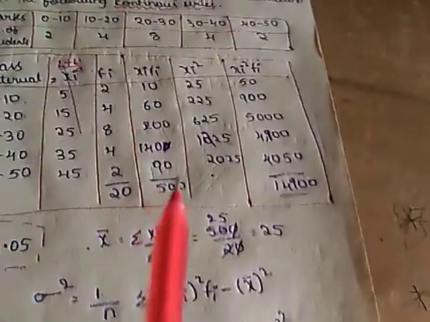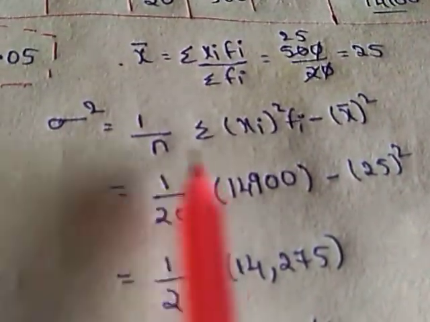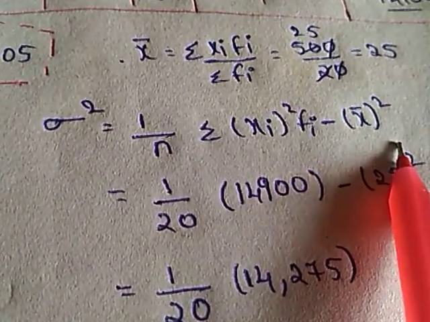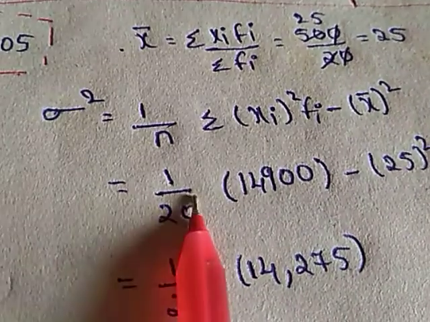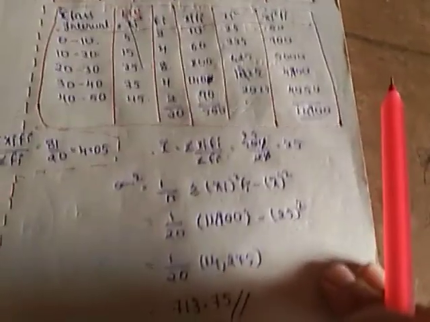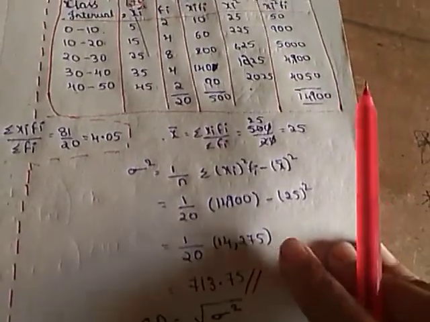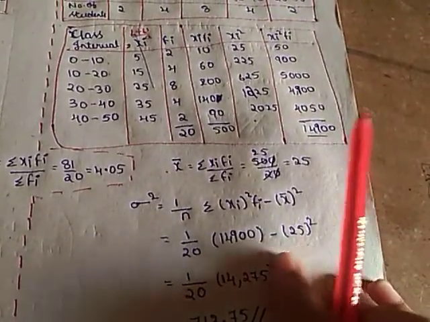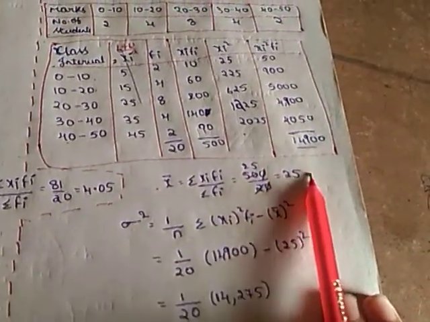So here sigma square equals 1 by n summation of xi square fi minus x bar whole square. Here 1 by n means 1 by 20, since the summation of frequency values we got is 20. And then summation of xi square fi we got 14,900, minus the mean value x bar square.